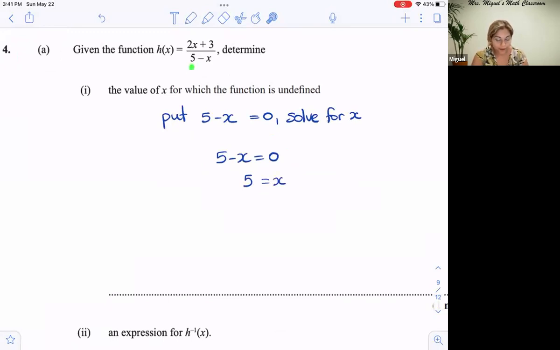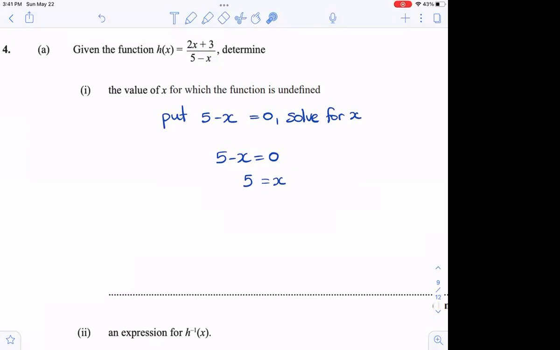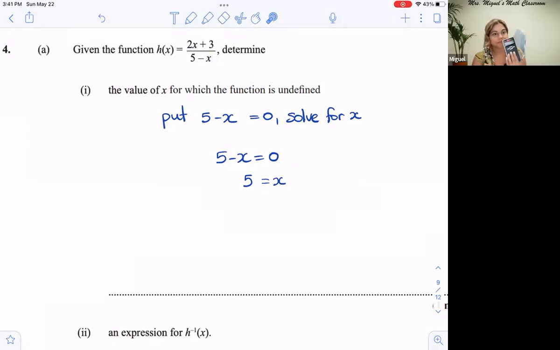How much is 5 minus 5? 0. So take your calculator and divide any number by 0 and see what you get. What appears on the display of the calculator?